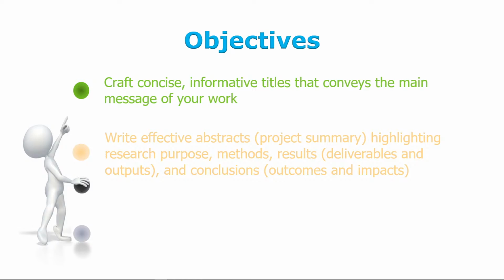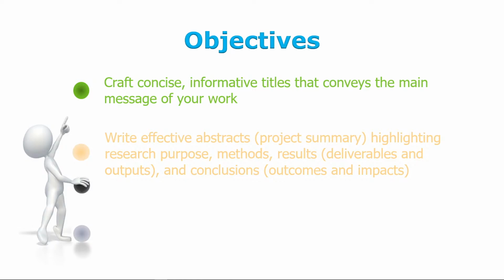Write an effective abstract. So that would be an effective abstract, and I put here in parentheses project summary. Abstracts are generally for a thesis, for your report, like next semester if you're doing a project, for a research paper, like a dissertation.